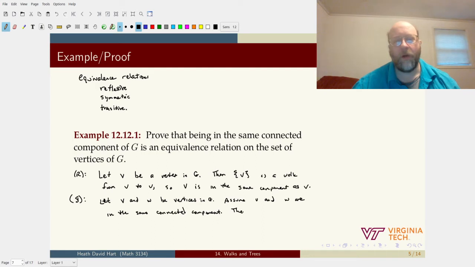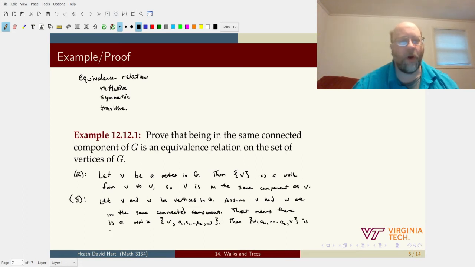That means there is a walk from V to W with possibly some vertices in the middle. Let's just call them, say, A1, A2, up through AK. Then if we go the other way around, W, AK, down to A1, V is a walk from W to V. And so W and V are in the same component.